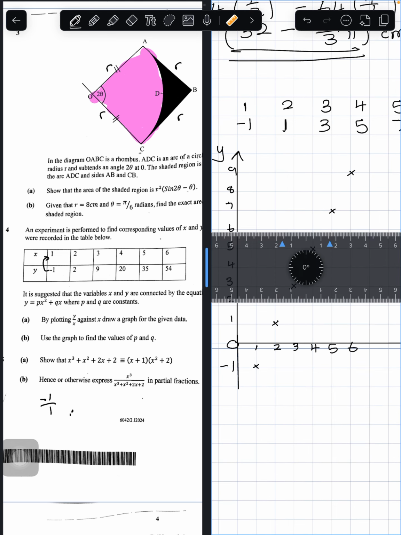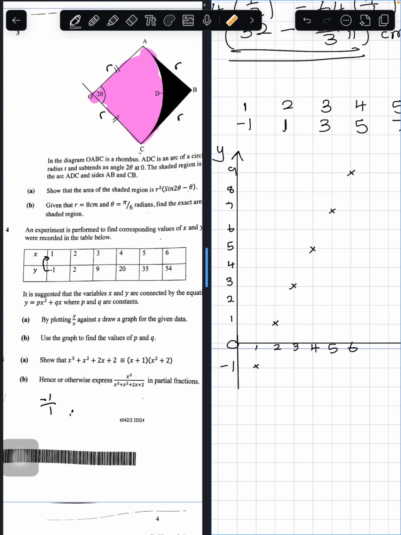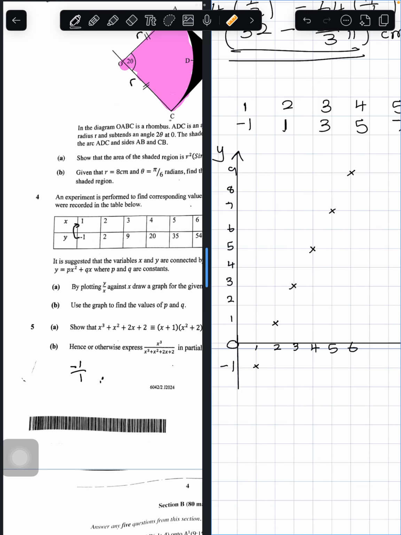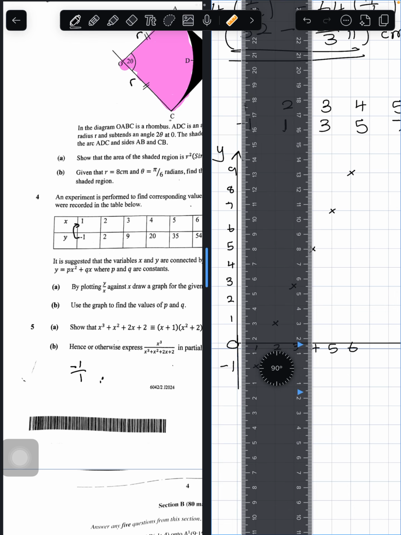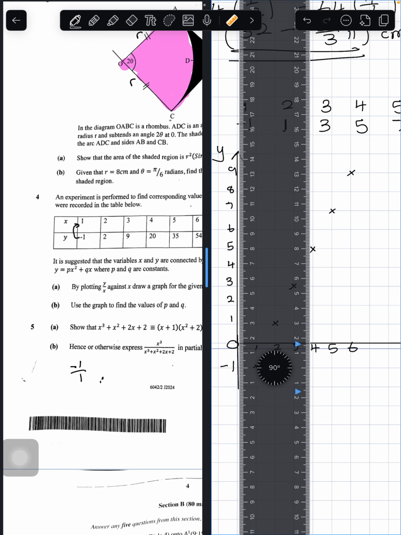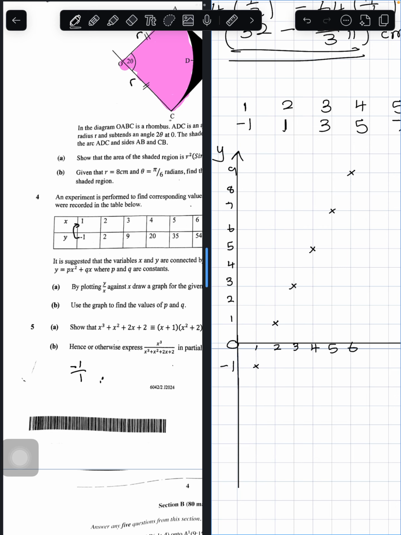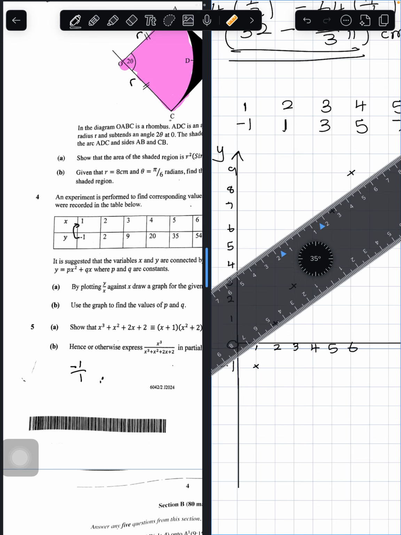I just want to increase my line there, because I noticed that we are going to need this line going downwards. Now I want to join these points.